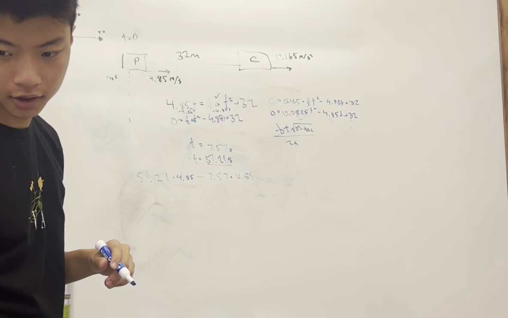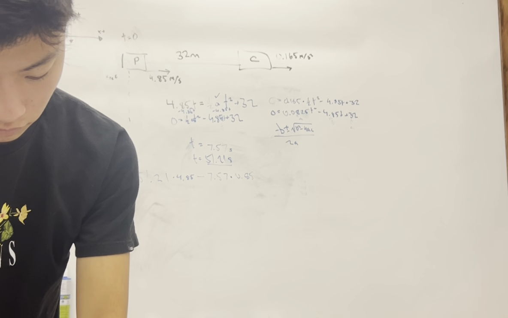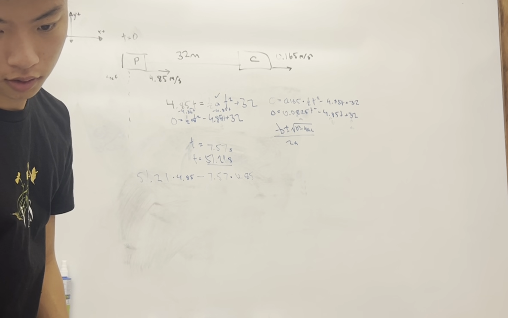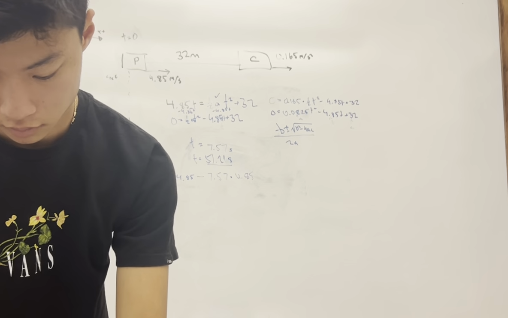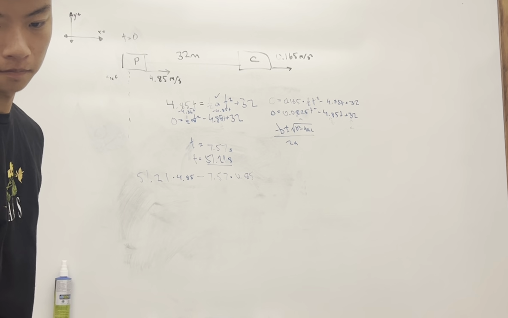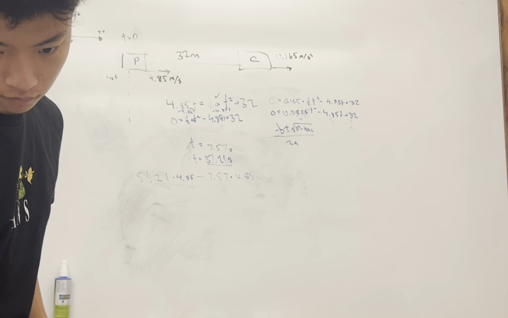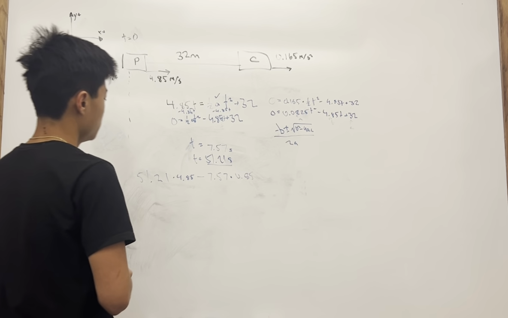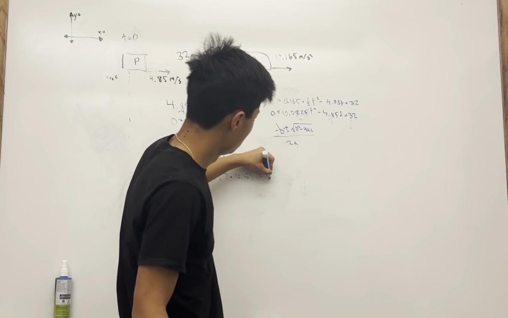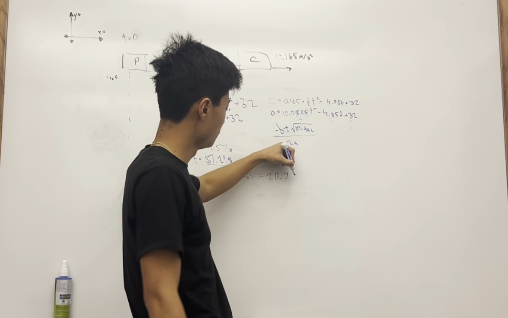So let's put this through the calculator. Okay, when we put this through the calculator, we get a total displacement of 211.7 meters.